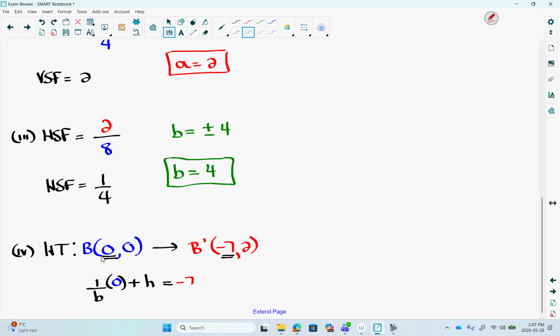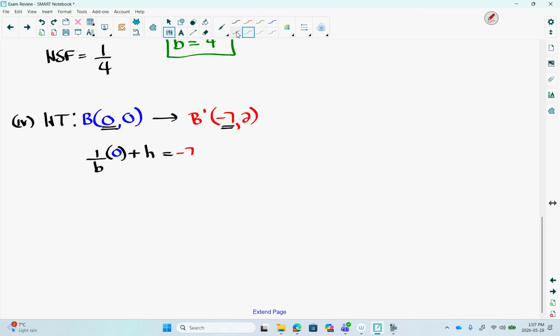The reason I pick a point where x is 0 is because it really doesn't matter what my b value is. I can just isolate the translation. Okay? But I'll fill this in. If I went 1/4 times 0, and I add h, it should work out to -7.